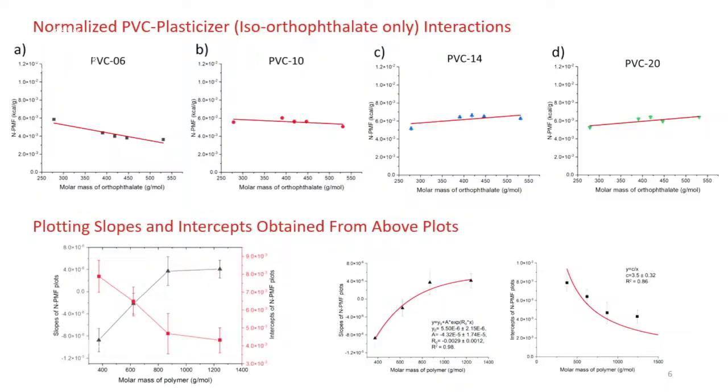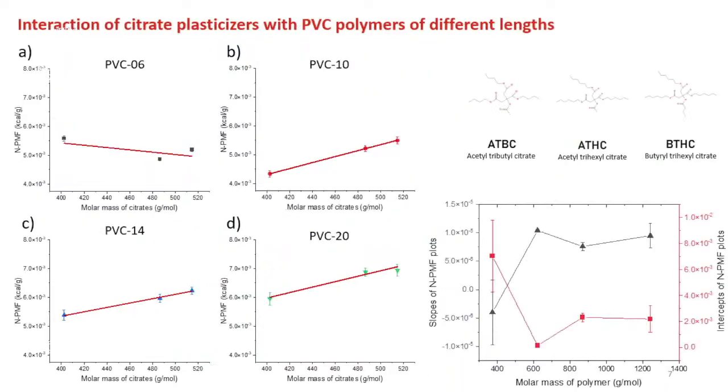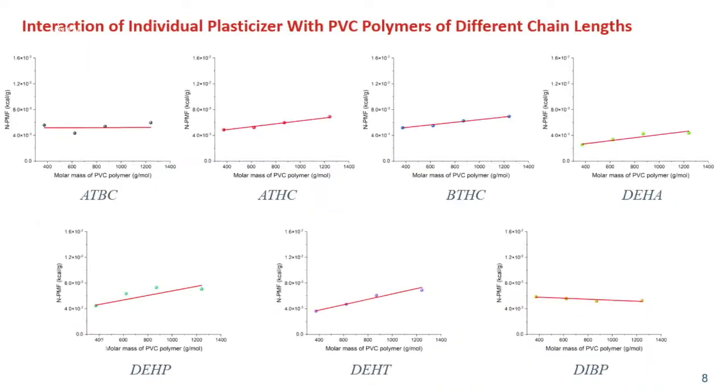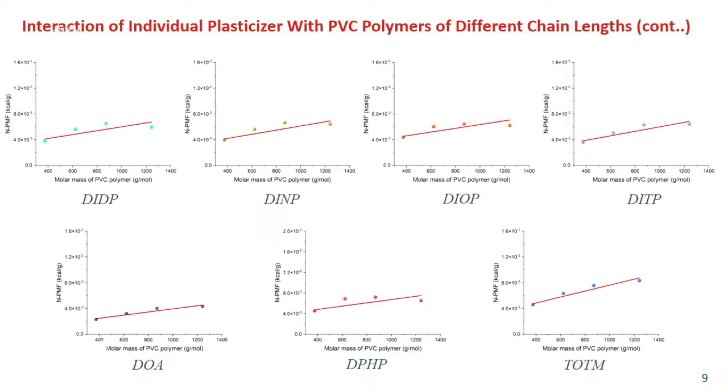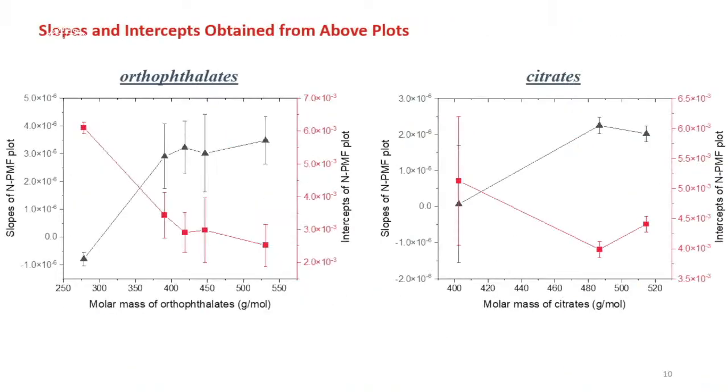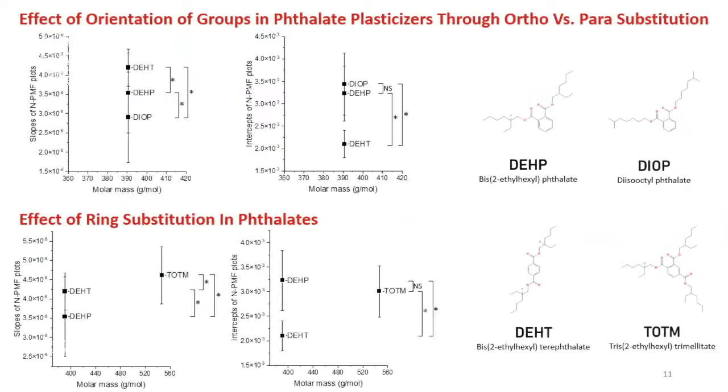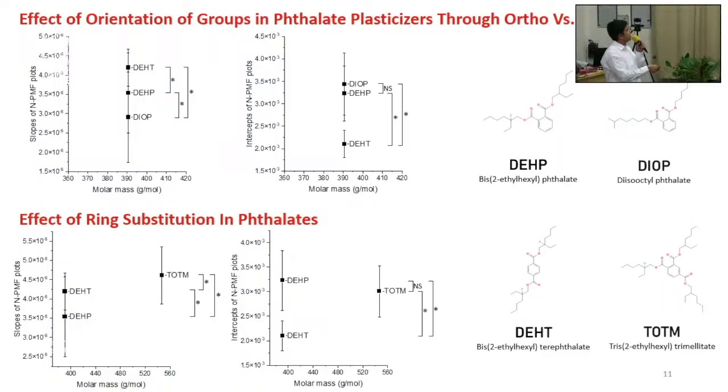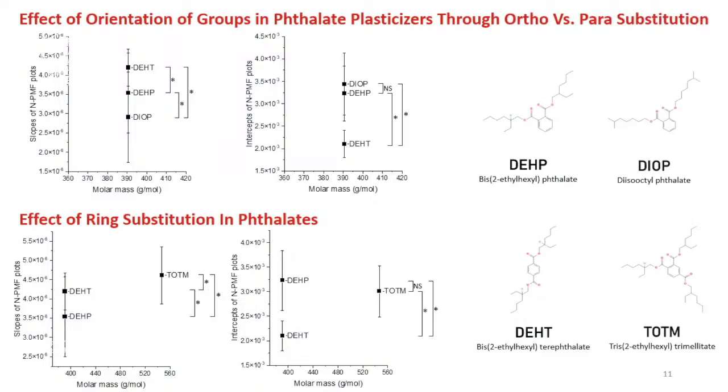One example is, next one. So these are for different plasticizers. I got different slopes and intercept values. Next one. Here we can see that I have two sets of plasticizers, DHP and DHT. This is 1,2 substituted and this is 1,4 substituted.